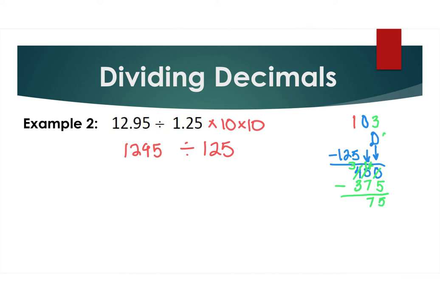Still not a remainder of 0, so I'm going to add another 0 and bring it down. And I see 6 times 125 is 750. I subtract, and I have a remainder of 0.